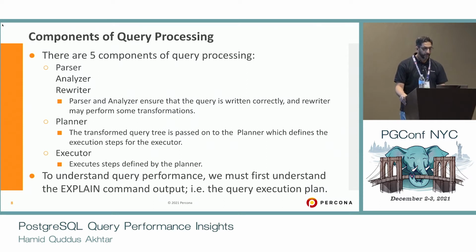It starts with the parser, followed by the analyzer and rewriter. Parser and analyzer are really concerned with ensuring that the query is written properly and there are no issues with the query. The rewriter then performs certain transformations on the query tree, so you'll end up with a refined query tree that is then passed on to the planner.